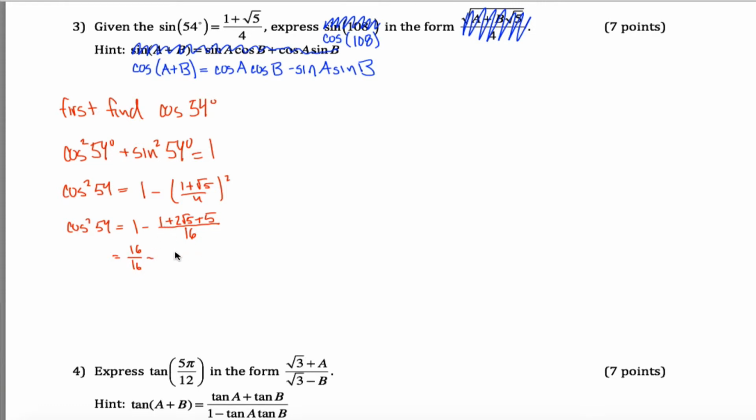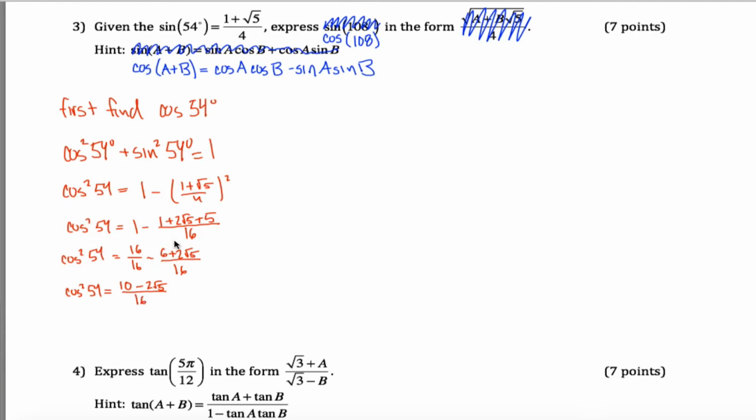And then in this fraction I got 6 plus 2 root 5 over 16. The 1 and the 5 give me 6. So cosine squared of 54 degrees is equal to 16 minus 6 is 10 minus 2 root 5 over 16.